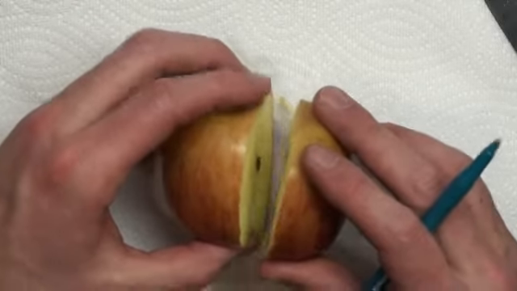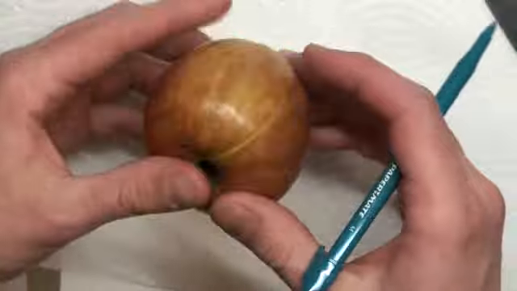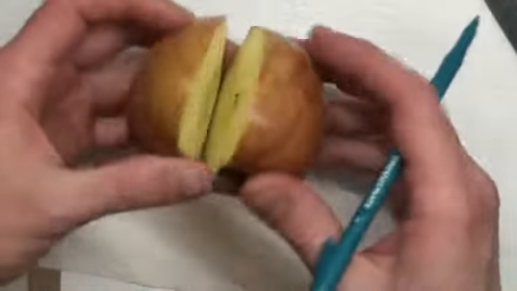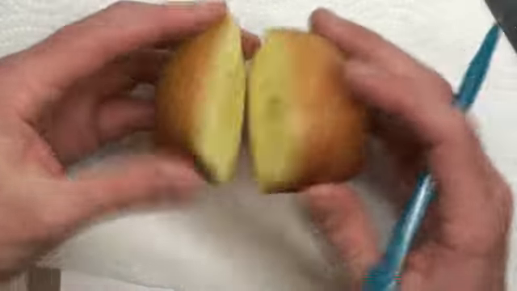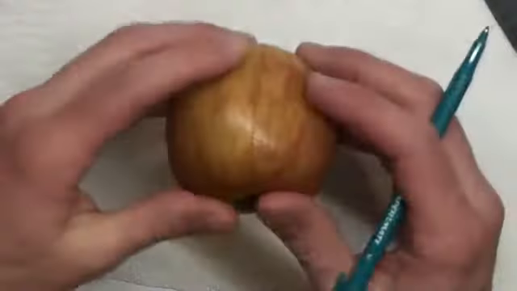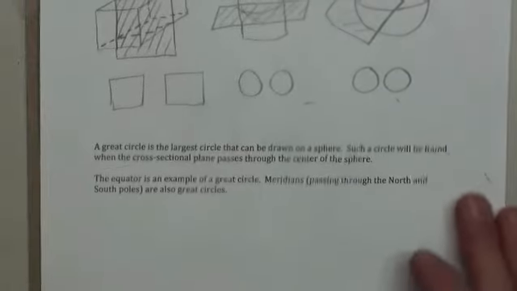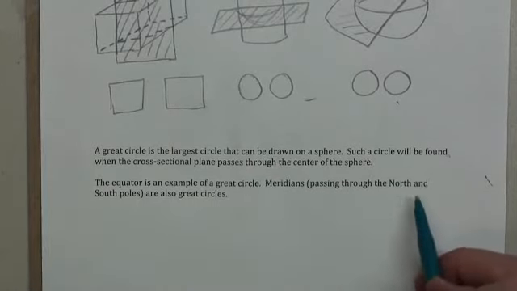If you took a globe and you cut it around at its biggest width, like if this was the Earth and we cut it right along the equator, that is the great circle. It's the biggest circle that you can get. And that happens when your slice goes through the center of the sphere. Okay? The equator is an example of a great circle. Meridians passing through the north and south poles are also great circles.